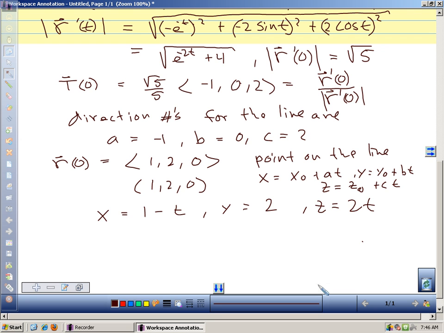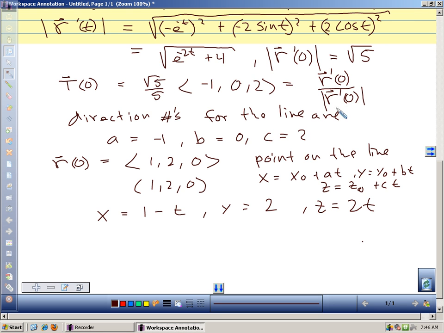Yes? So where does the square root of 5 over 5 come in, and did we need to use that? We didn't really. I just calculated our unit tangent vector. Our derivative, our r prime, gave us our direction numbers, but I just calculated the unit tangent just to do it.